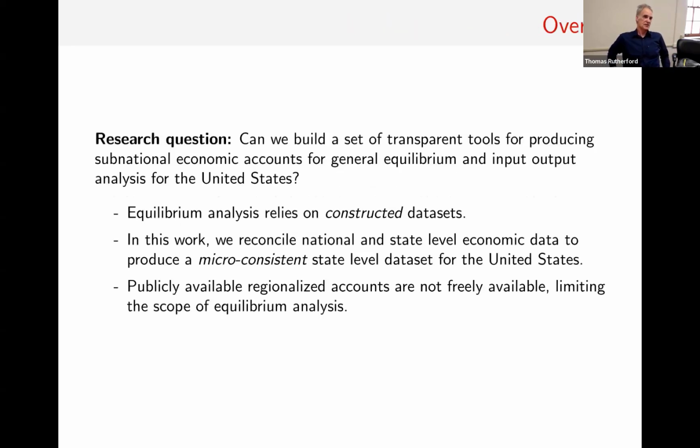So our basic idea was to produce a set of transparent tools for producing subnational economic accounts that could be used for general equilibrium or input-output analysis within the US. There are such data sets around, but I was always kind of unhappy because when you do general equilibrium modeling, it's almost guaranteed you'll find anomalies in your data set.